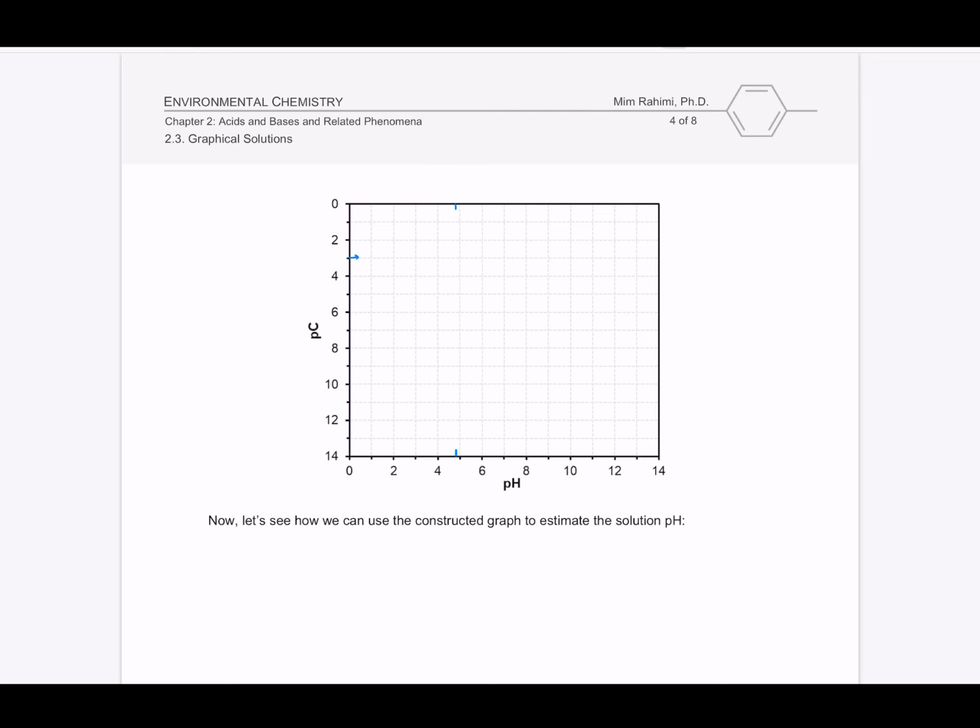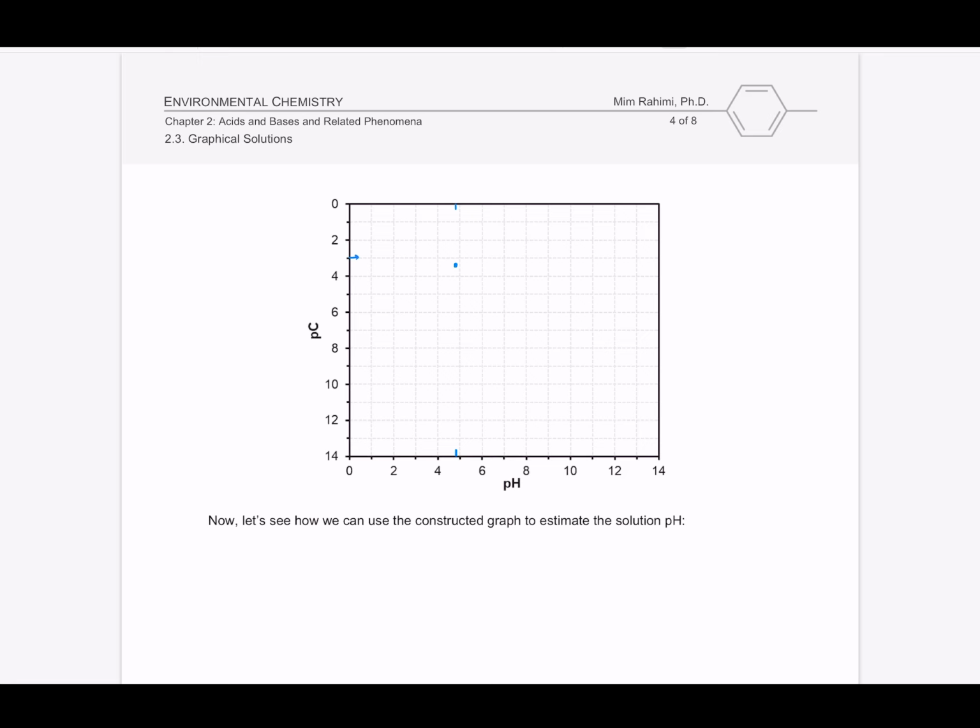Then these values are 3.3. So it's moved by 0.3 here, slightly moving towards the left. This would be here.